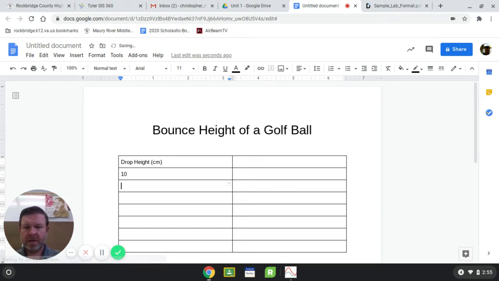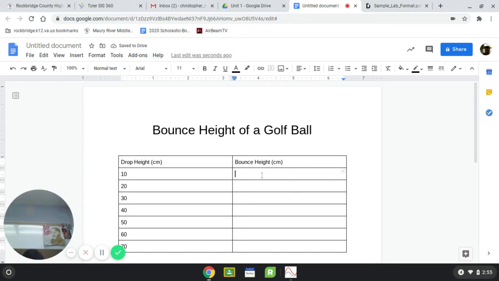And I dropped it from 10, 20, 30, 40, 50, 60, 70 centimeters. And then I measured how high it bounced. I'm going to call that the bounce height. And I measure that also in centimeters.